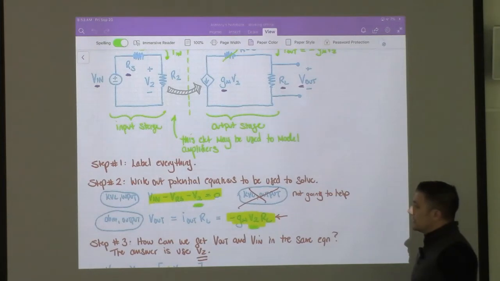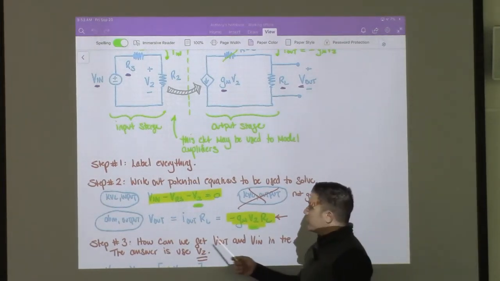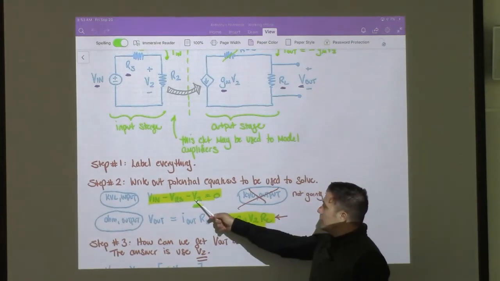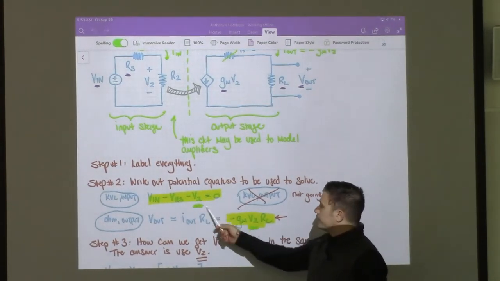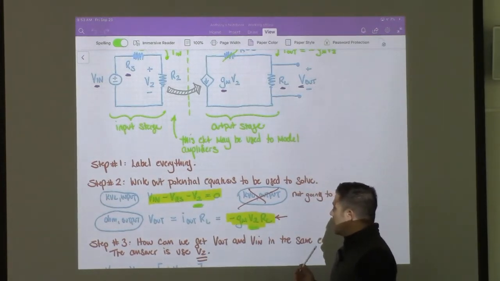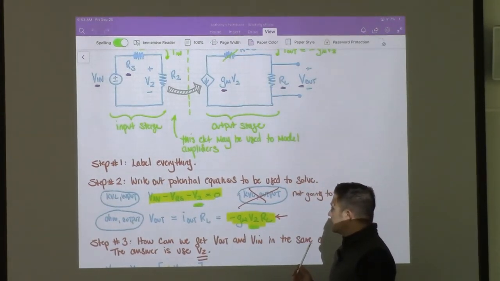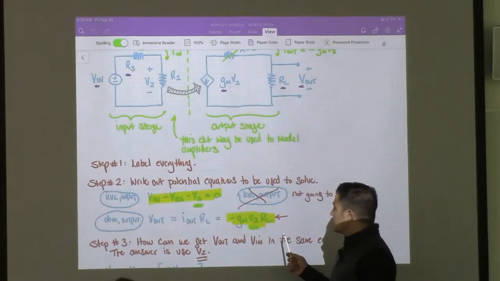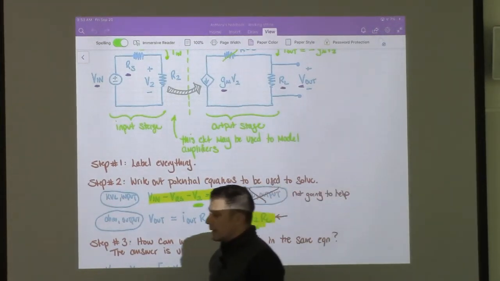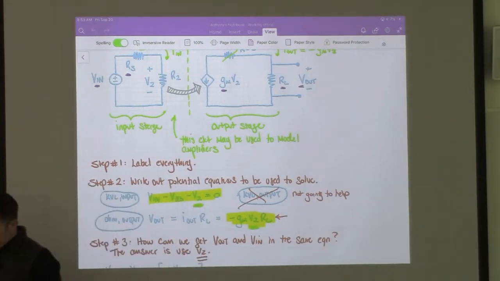The good news is that we do have equations with V out and V in. How many unknowns are left? So V2 is an unknown, and VRS is an unknown. So we have two equations. We have two unknowns. We just need to combine them together.